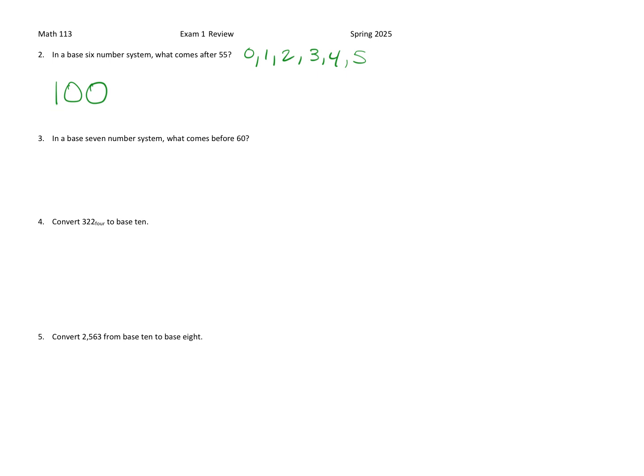In a base 7 number system, what number comes before 60? So remember, base 7 only has 7 symbols, 0 through 6. So before 60 was 5 something, right?